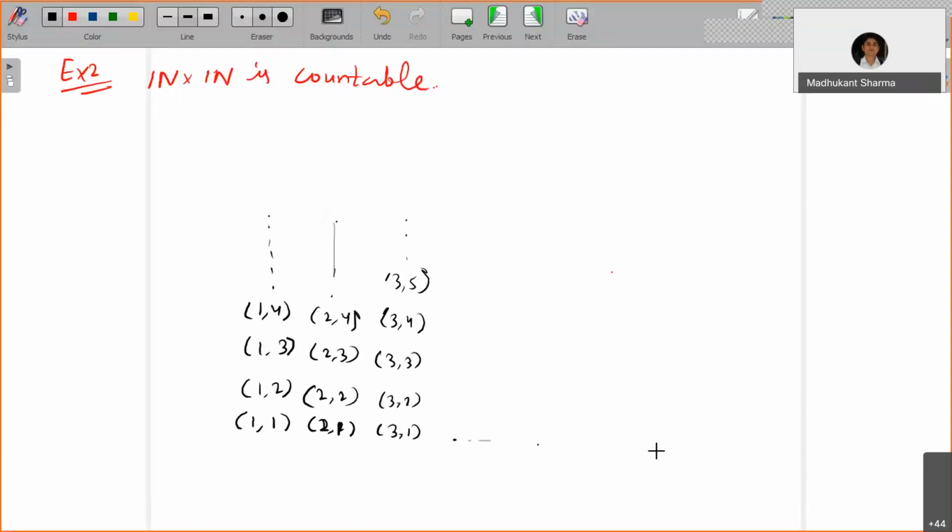And we are going to go with the counting principle now diagonally. So you have the first diagonal, second diagonal, third diagonal, fourth diagonal, fifth diagonal, and so on. In the first diagonal there is 1 entry, the second diagonal has 2 entries, the third diagonal has 3 entries, the fourth diagonal has 4 entries, and so on.